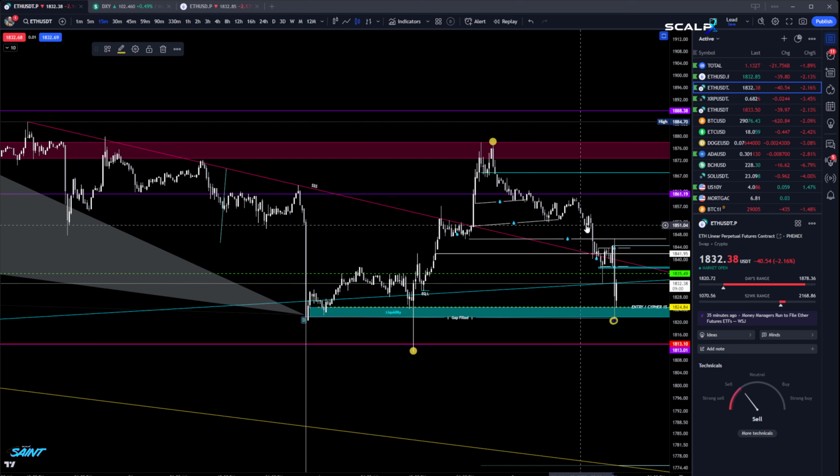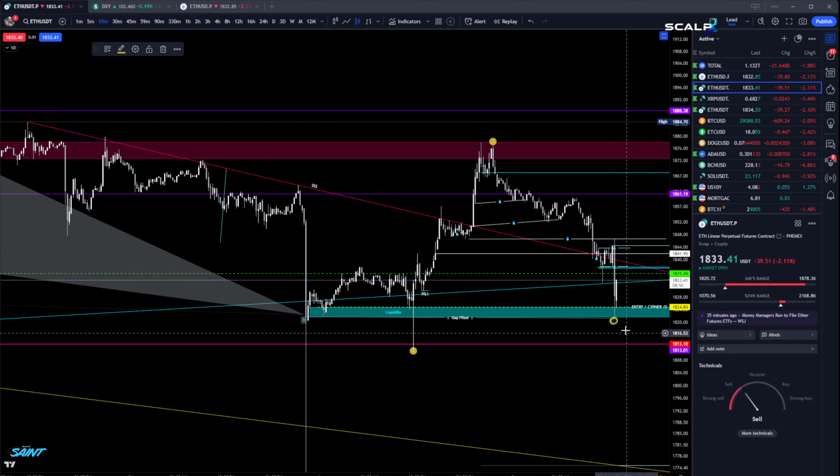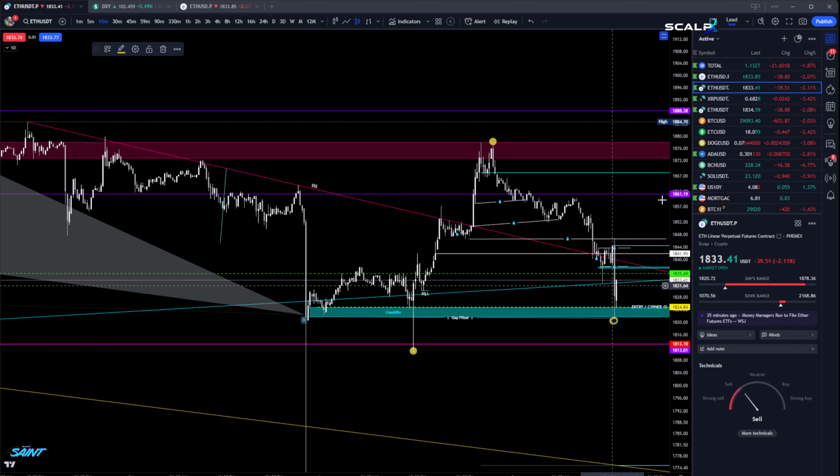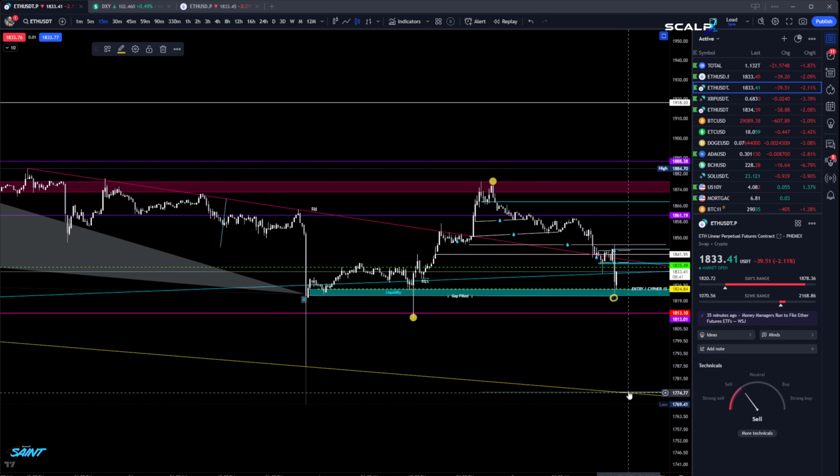Here is a break of structure. We would need to close beneath here, a strong candle close and hold, to have a change of character, to get confirmation that we go somewhere around here, 1775.